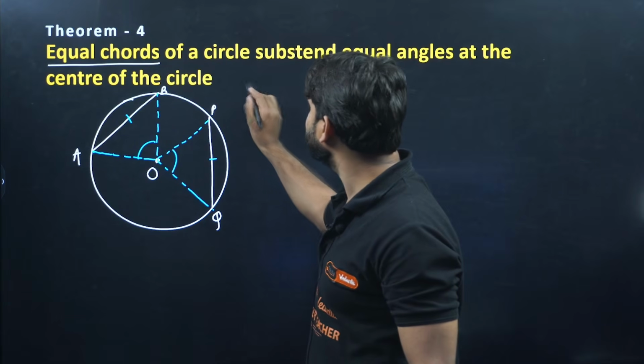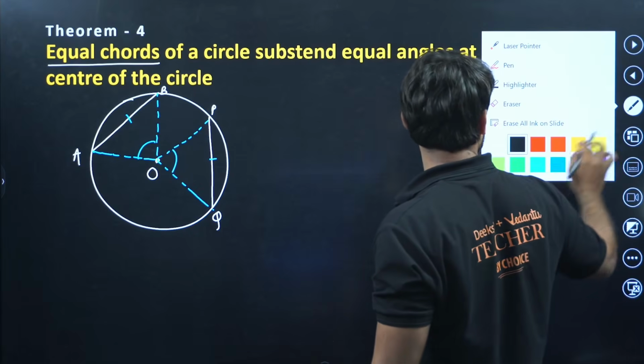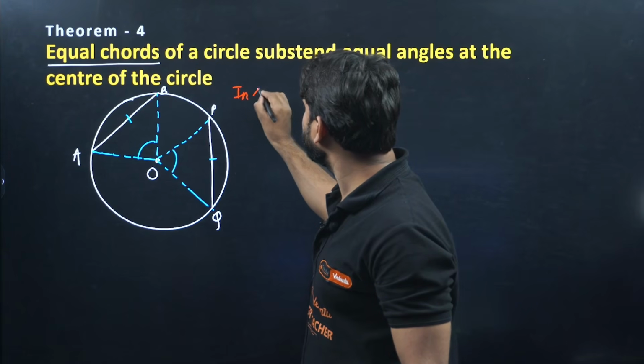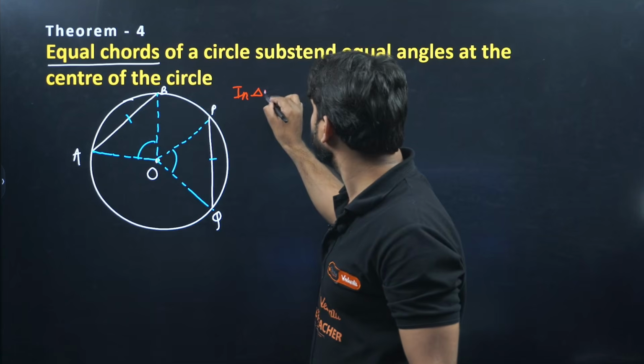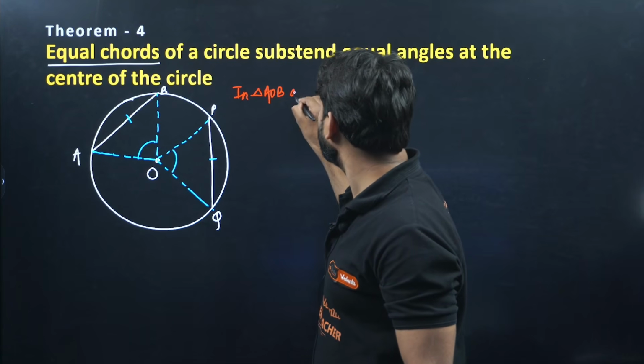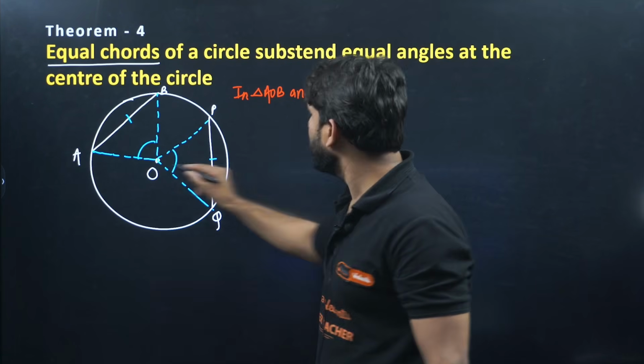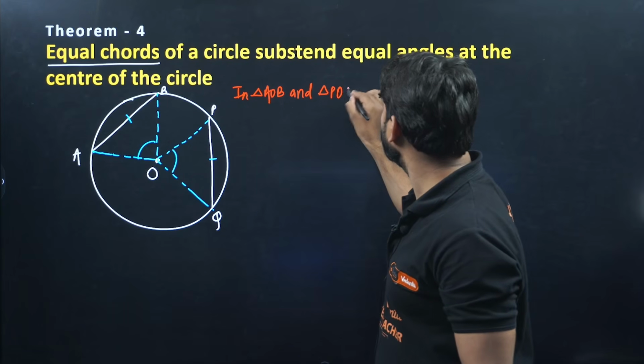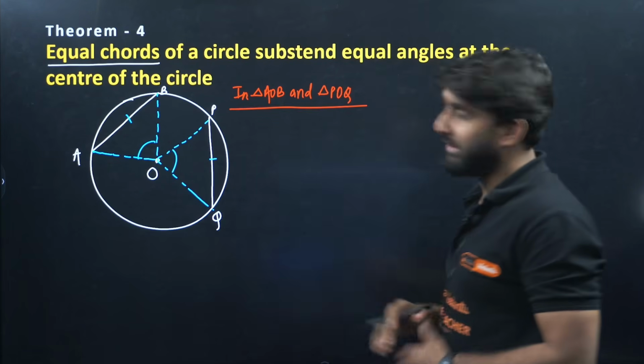So we have two triangles. In triangle AOB and triangle POQ, we have two triangles.